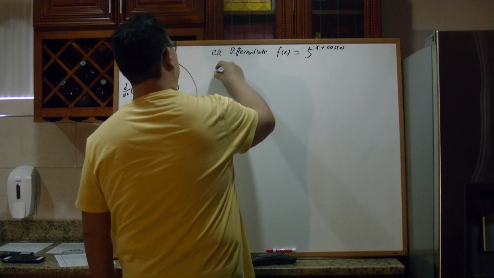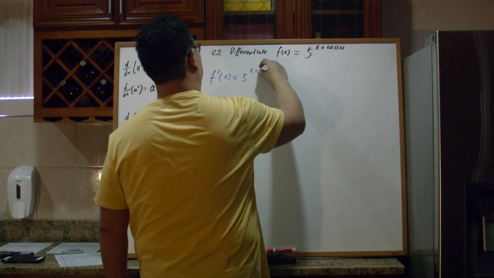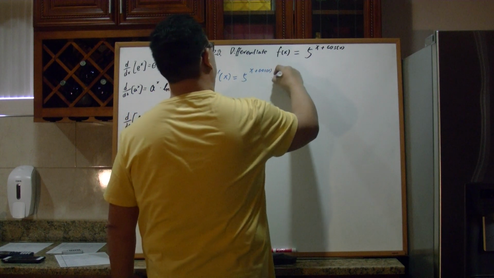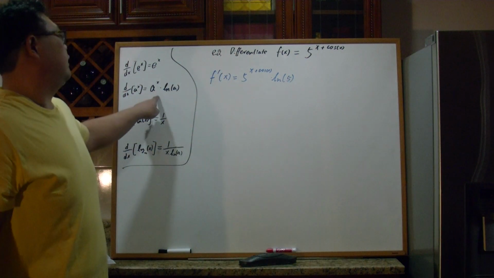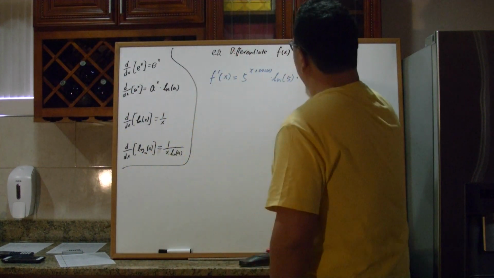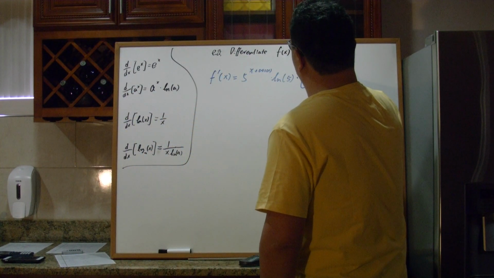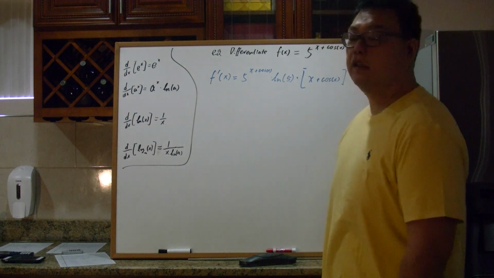Just copy down the term, f prime of x will be 5 to the x plus cosine x times natural log of 5. That's just a little coefficient attached to it. Then multiply by the derivative of x plus cosine x, since that is our power.